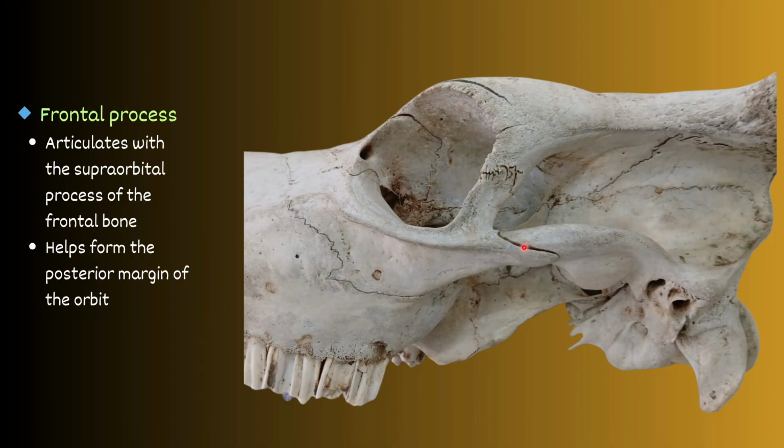First, the frontal process, or frontal part of the zygomatic process. It articulates with the supraorbital process of the frontal bone, so together they articulate here. It helps form the posterior margin of the orbit.